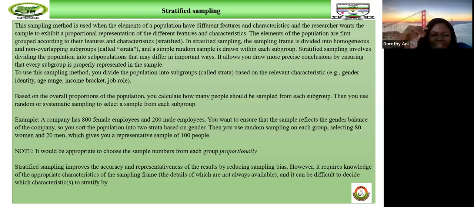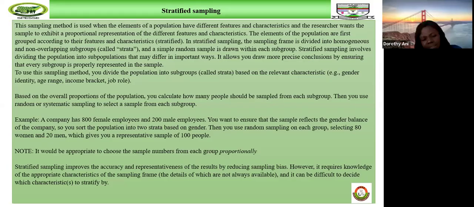I don't know whether you are getting it. Your study is already skewed towards the male. So it's not good for you to come and say, I select 50 from this side, 50 from this side. No, you select based on their population. So if their population is low, you select a low. So in this case, we use a percentage.